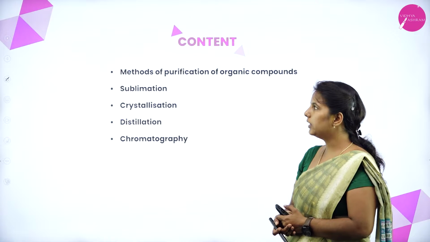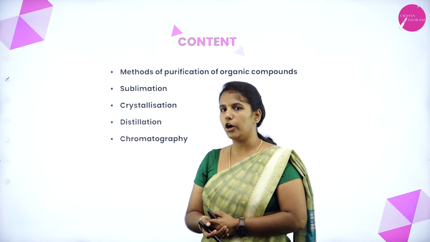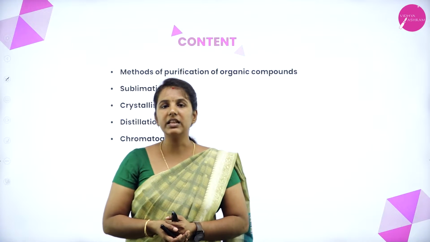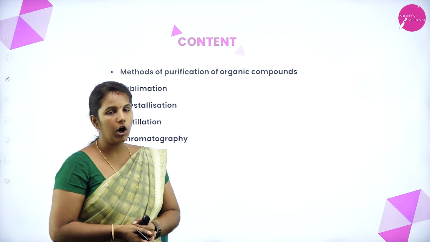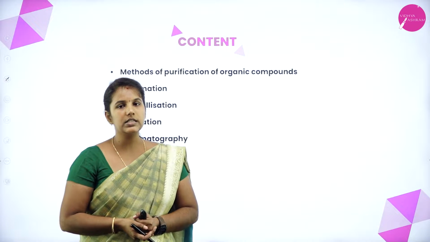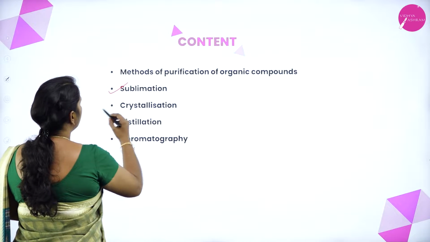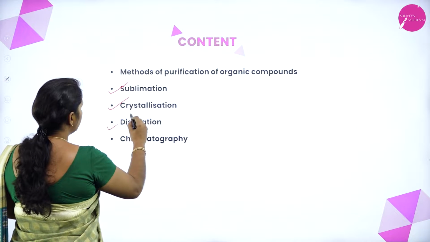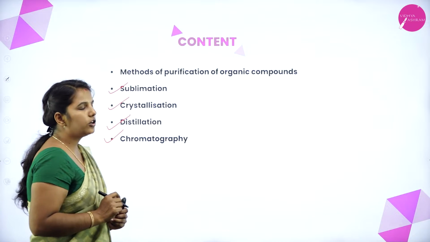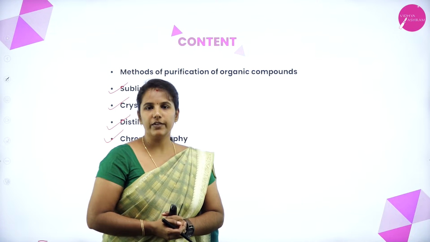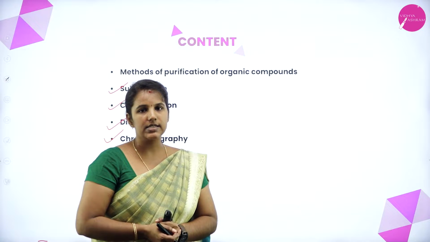Today, let us move on to the most important topic of this unit, that is methods of purification of organic compounds. Under this topic, we are going to understand how sublimation is done, what is crystallization, distillation and chromatography and its types in this session.